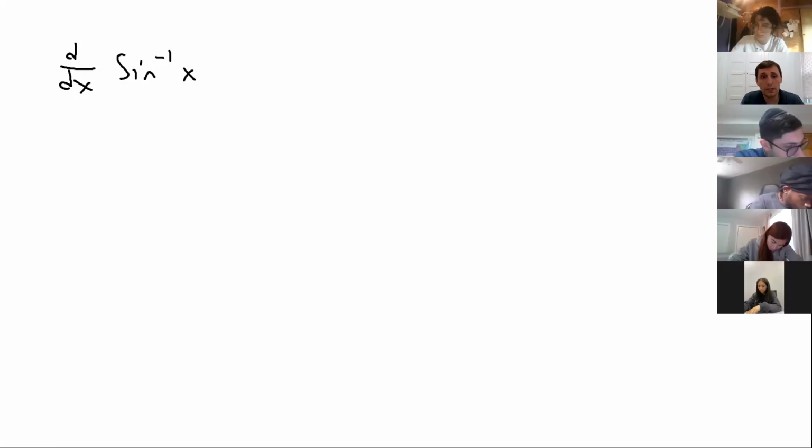We're looking for the derivative of the inverse function, as you can see here. Here it is.